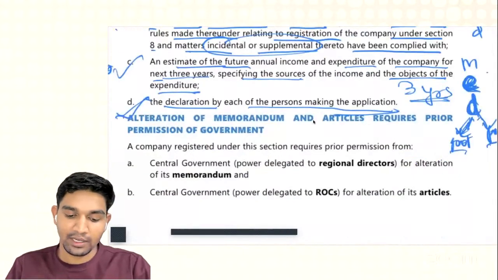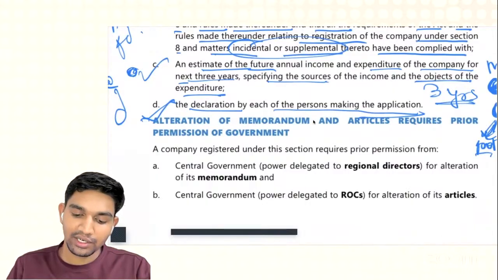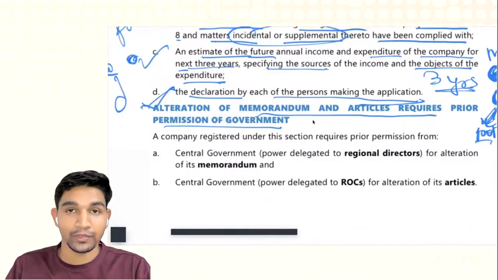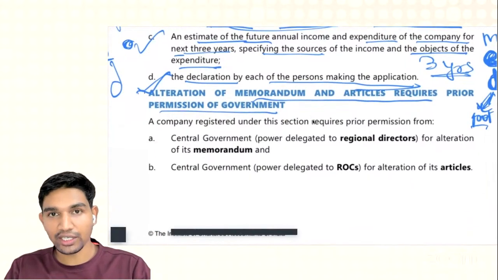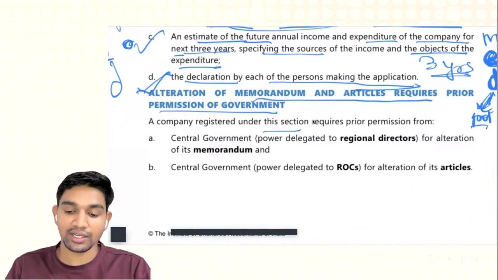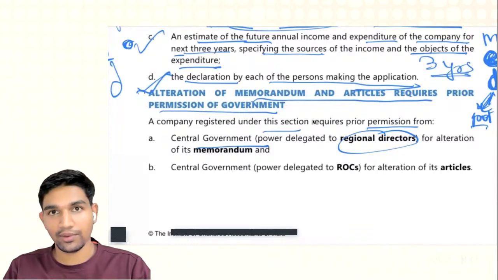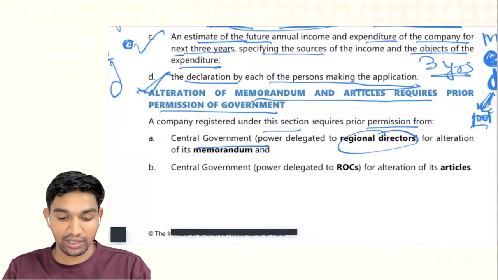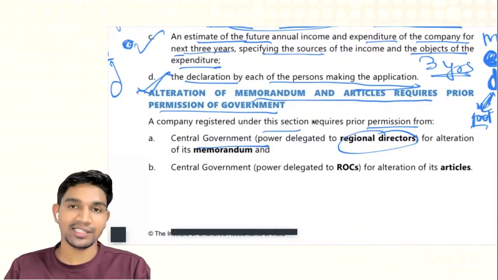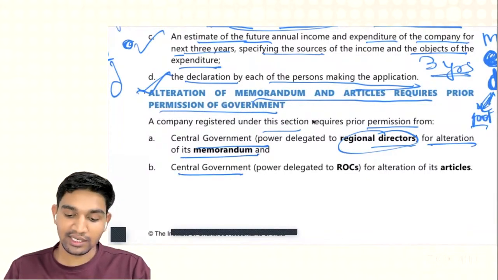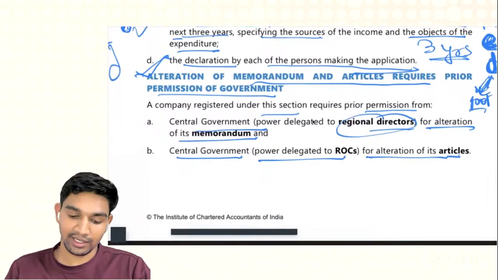Now, alteration of memorandum and articles requires prior permission of the government. A company registered under Section 8 requires prior permission from the Central Government, with power delegated to Regional Directors for alteration of its memorandum, and Central Government power delegated to the ROC for alteration in its articles.